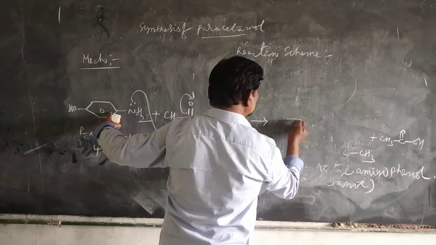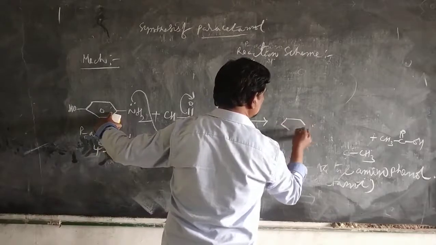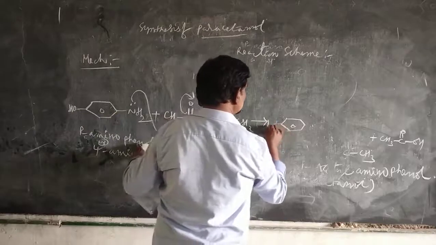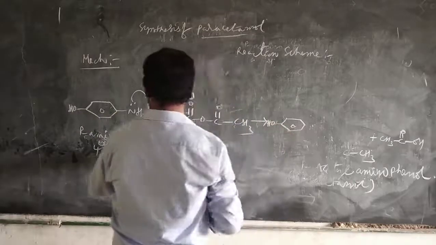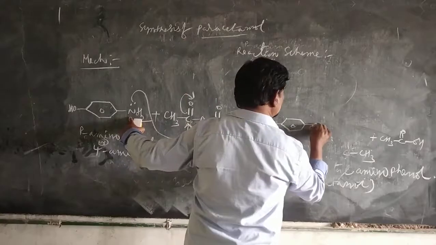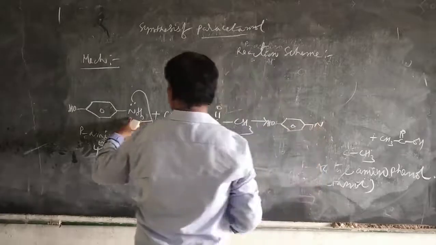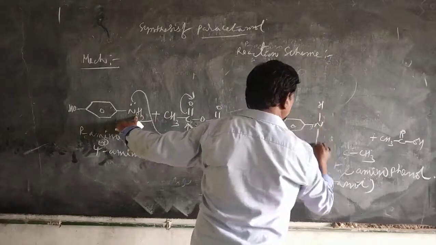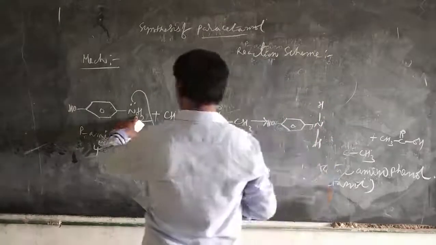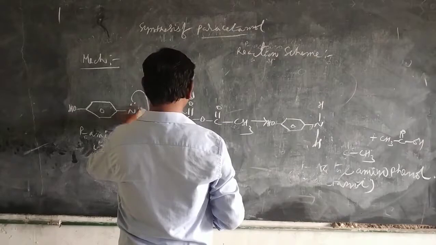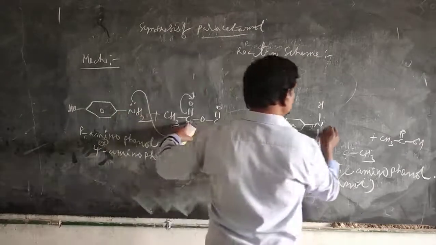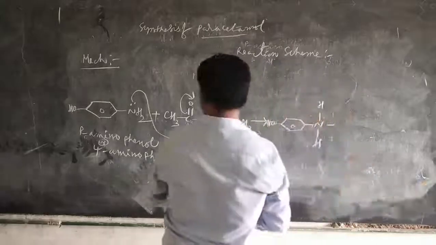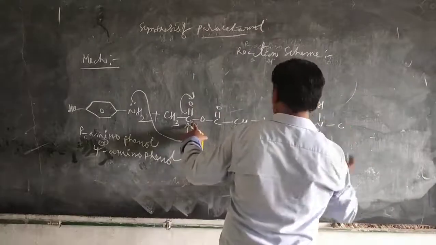Next step. Now, as usual, the benzene ring connected with OH group and N, with hydrogen and another hydrogen. This lone pair of electrons is connected to the carbon.